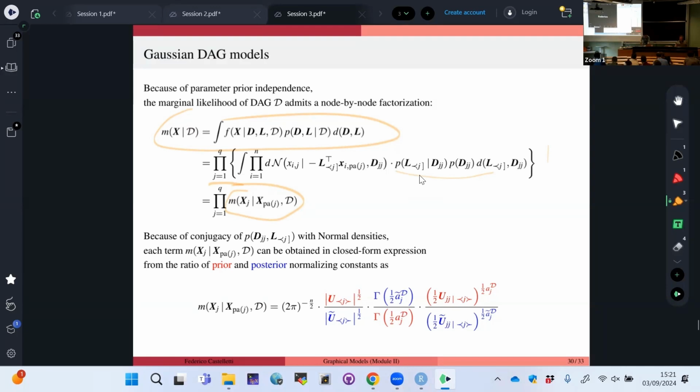Okay. Again, here we are reasoning conditionally on a DAG. So the DAG itself avoids cycles. We are considering a fixed DAG, which is acyclic by definition. And under a DAG, we can specify this kind of prior. We have these results here.